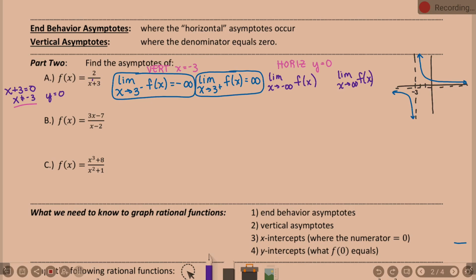Now, reality is, I would argue you don't need the graph at all for this one. It would be 0 and 0, because my horizontal asymptote is determining what's going on at either end of the graph.